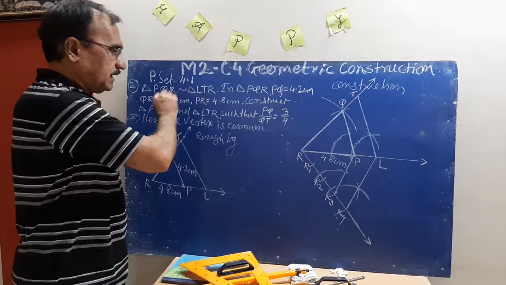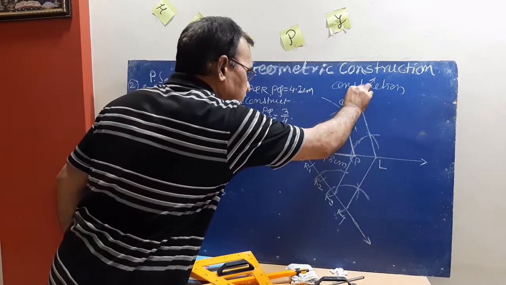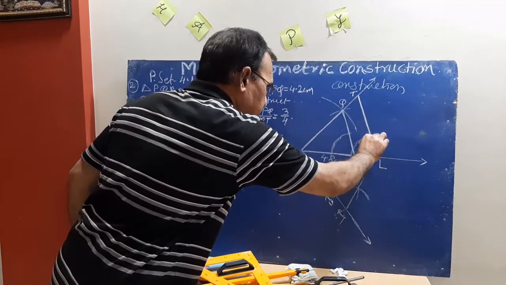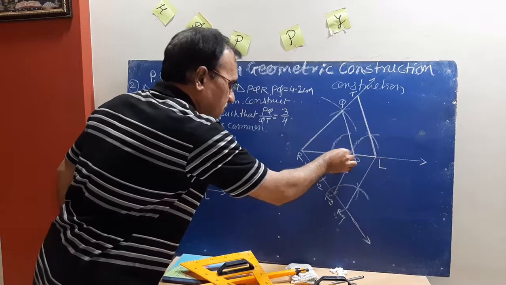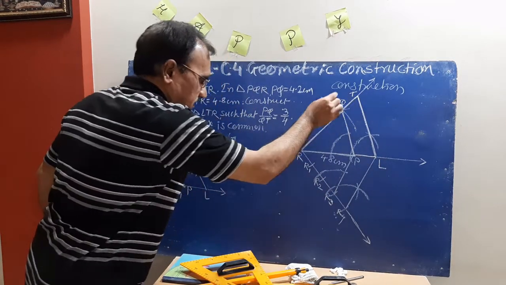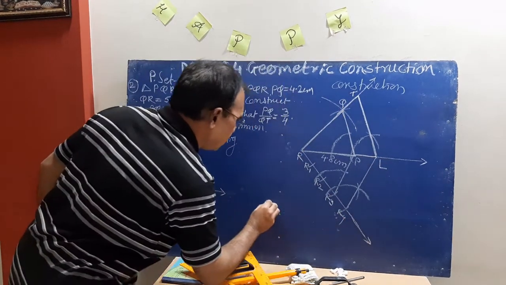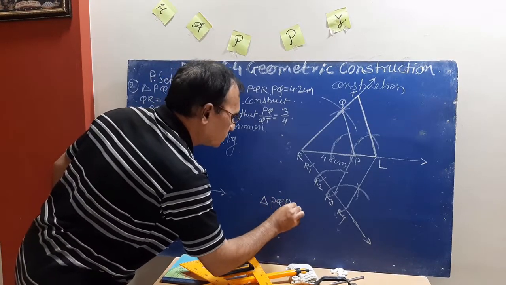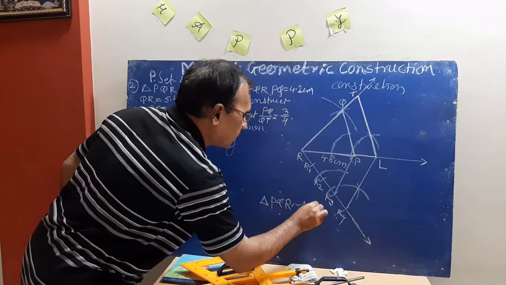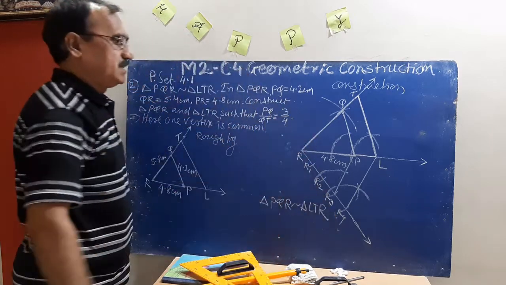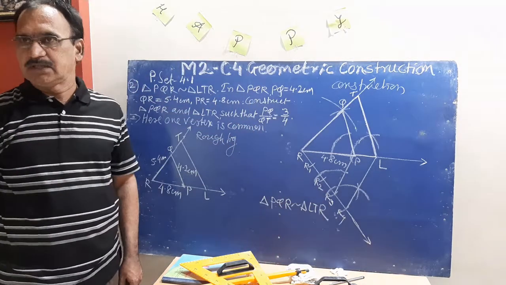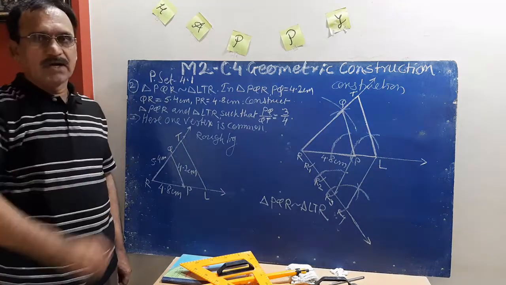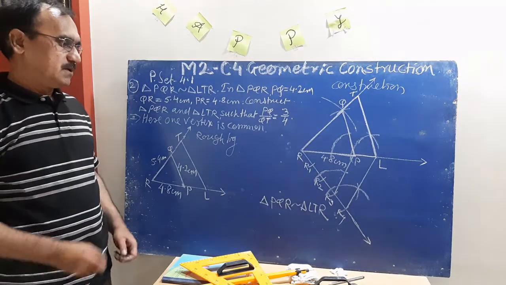Similar triangle LTR, this one. These 2 triangles are similar to each other: triangle PQR is similar to triangle LTR. This is the construction of the second method if one vertex is common.